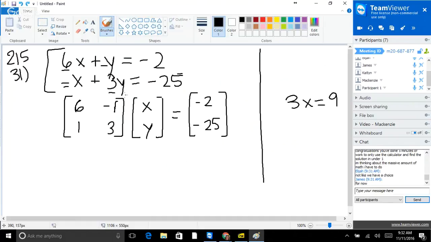So another way to solve 3 times x equals 9 is we can multiply both sides by the inverse. So 1/3 is the inverse of 3, and 1/3 times 3 just leaves you with 1, and we can solve that x equals 3, if I do my math right.